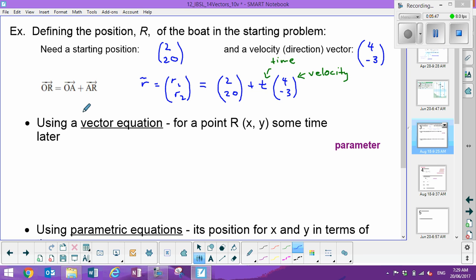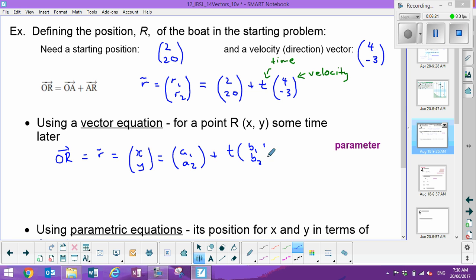So, in general, a vector equation for any point R, if we've got our point OR, we could write that as little r. We could use R1, R2, but we could also write it as x, y because they're our coordinates in our two-dimensional space. It will equal our starting point, A1, A2, plus T, B1, B2.